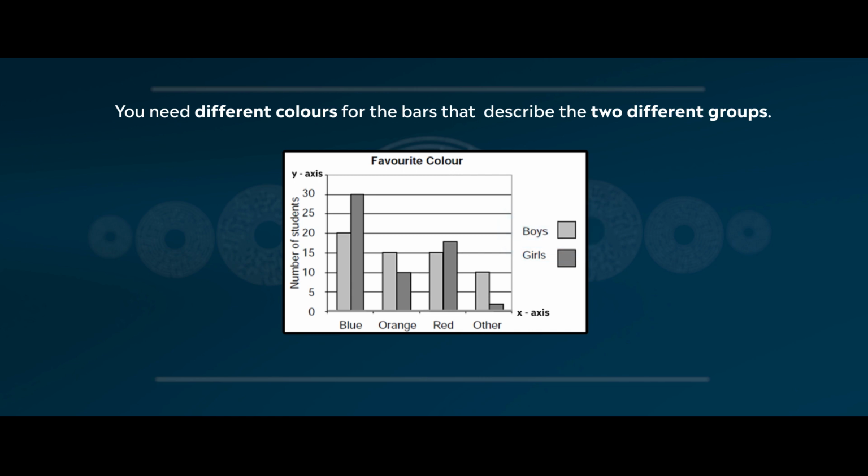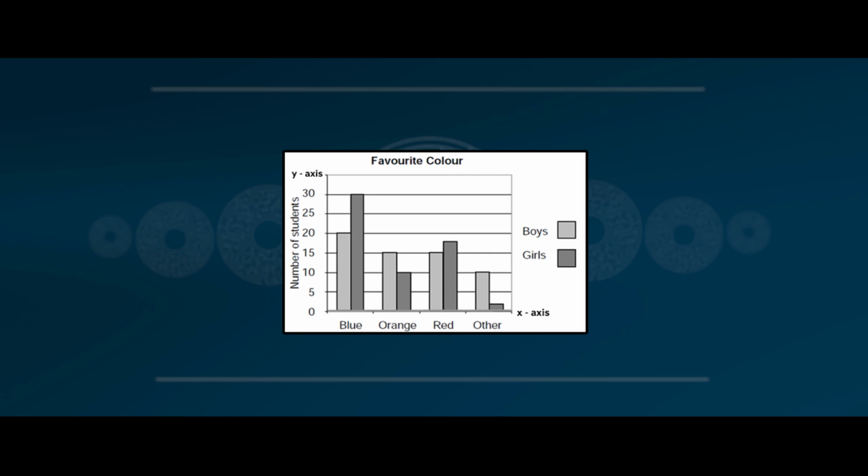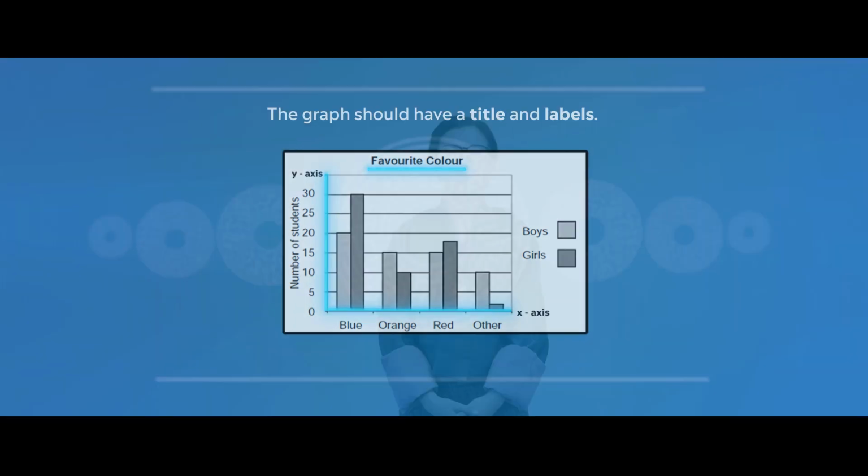It is not always that you have to use lighter and dark, but you can use other colors like blue, pink, red, or whatever color you want to use. And the second thing is that your graph should always have a title and your graph should always be labeled, which means you should have a label on the x-axis and the y-axis.